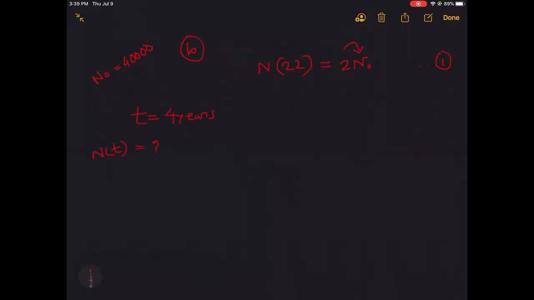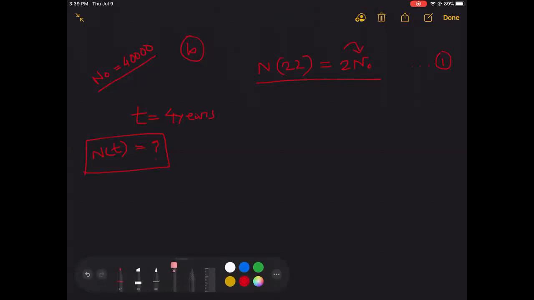So this way, if you can arrange the clues you have and the thing you need to find out in this way, you can actually see what information you have and what else you need to find, right?